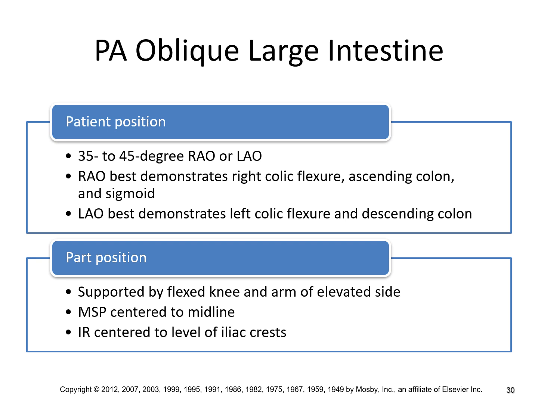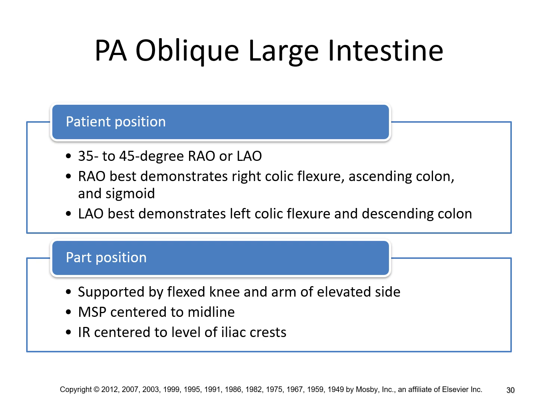All right, doing obliques of the large intestine, PA or APs, you're going to use 35 to 45 degrees. Of course, if they're PAs, those are RAOs or LAOs. What those will do is open the flexures. The oblique barium enema images will open up the flexures, so it removes the self-superimposition of the flexure areas.